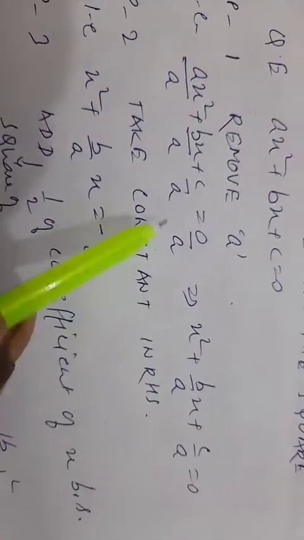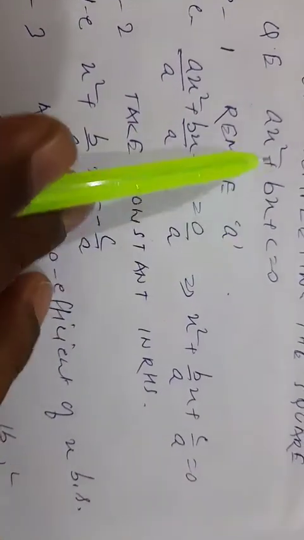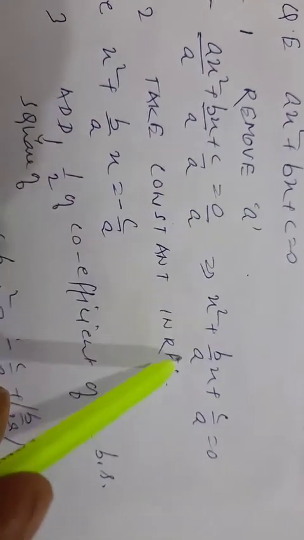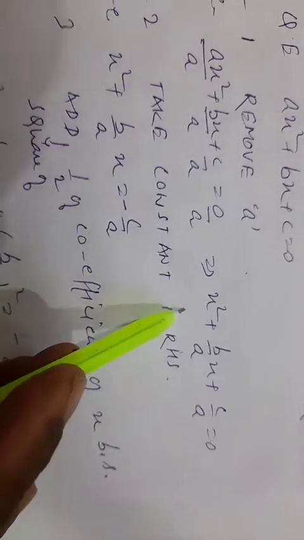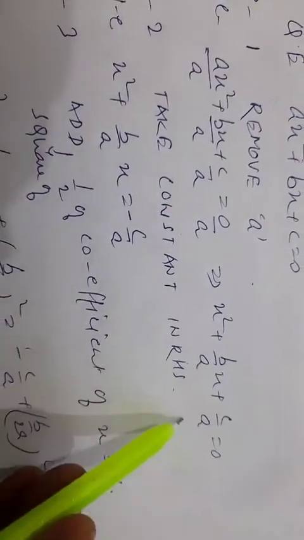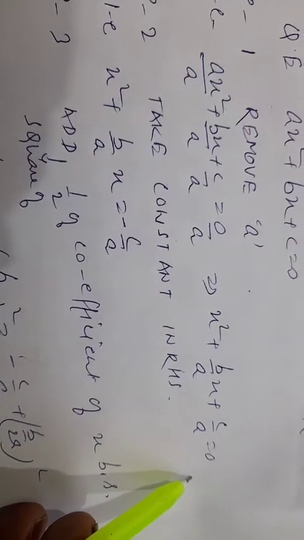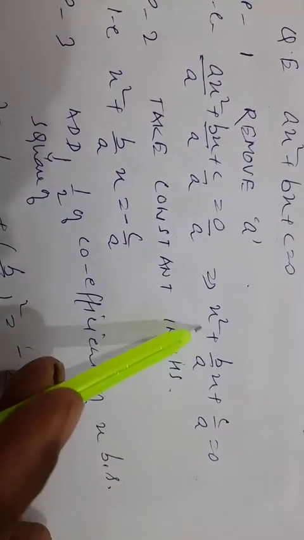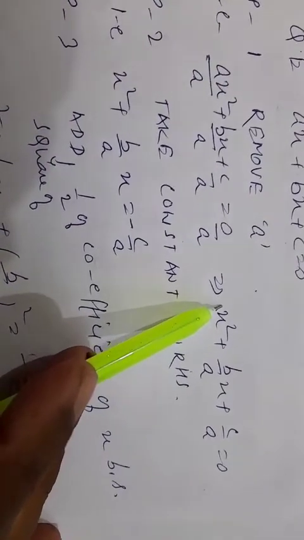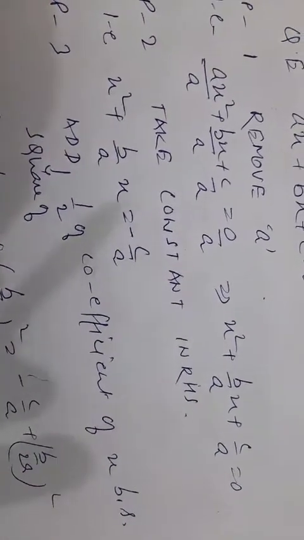And our ax square plus bx plus c is equal to 0 has been converted in the form of x square plus b by a x plus c by a is equal to 0. Here we have obtained the coefficient of x square as 1. So its coefficient is unity.